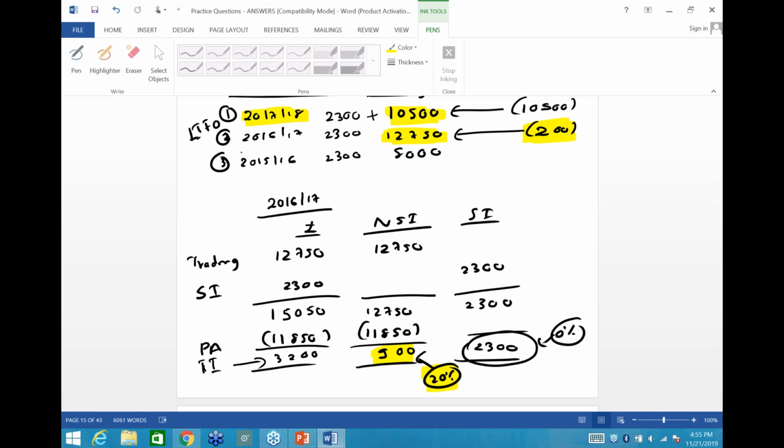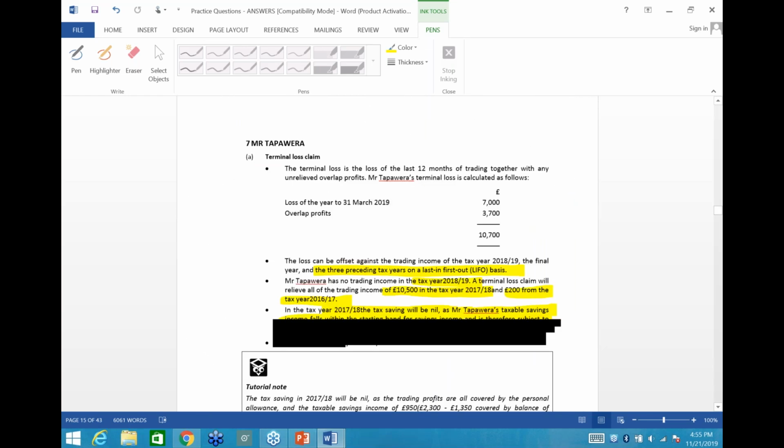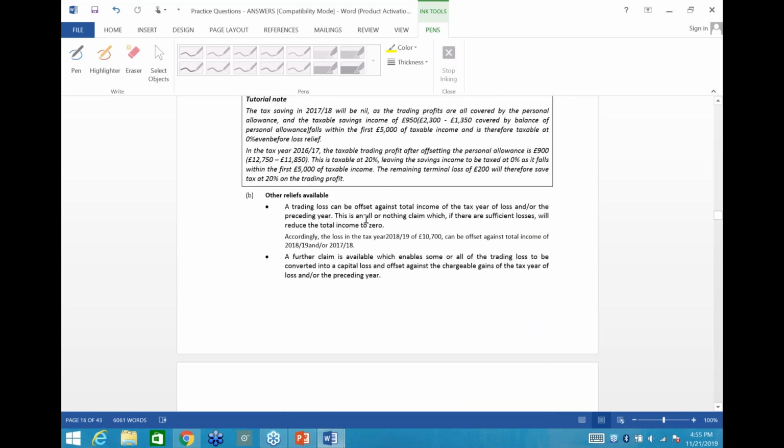So that's actually for part A. But what are the other reliefs available? You can see a trading loss can be offset against total income of the tax year of loss and/or the preceding year. This is on an all or nothing basis.